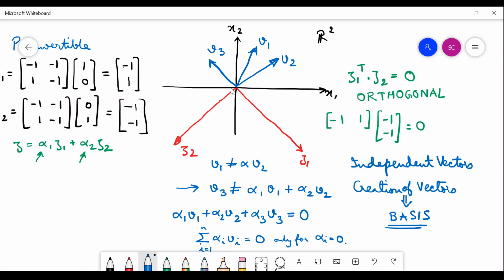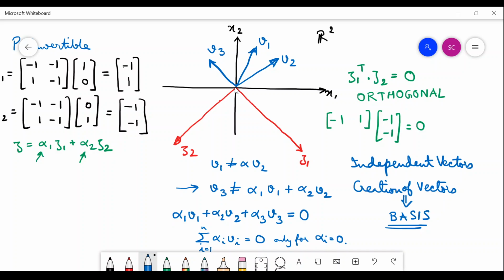They are a basis of the R2 space, which is this one, not a basis of the R3 space. v3 v1 will be a basis of another R2 space, not this same R2 space. I hope you can understand this. Suppose v3 is x3, the orthogonal vector coming out perpendicularly from this particular point, coming out perpendicularly from the plane of the screen.